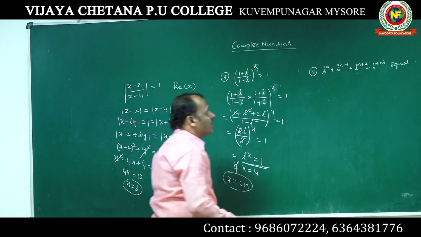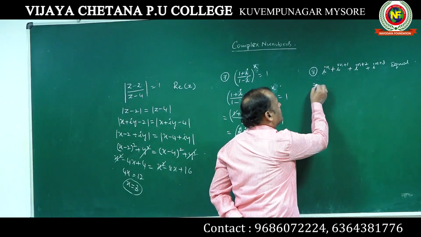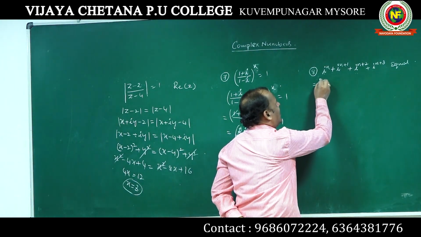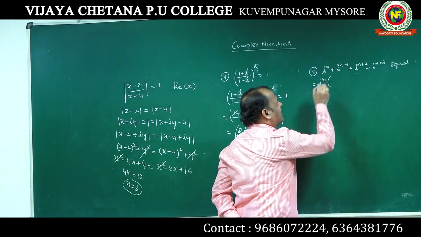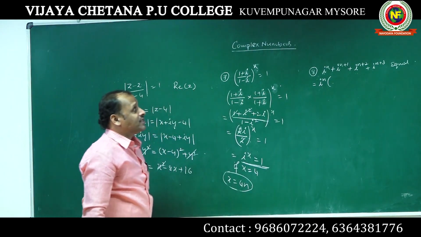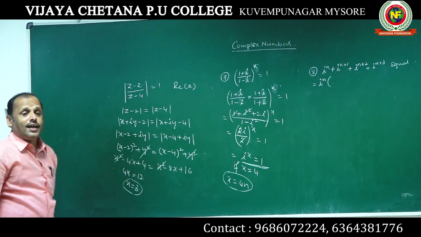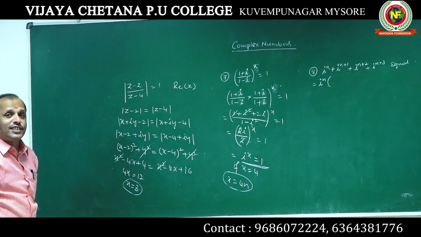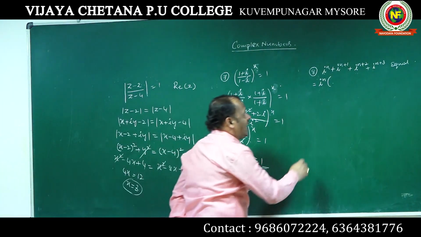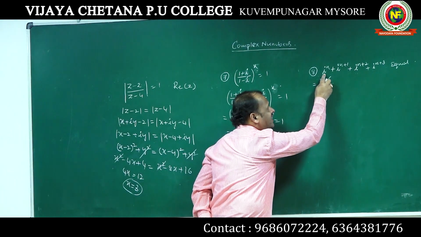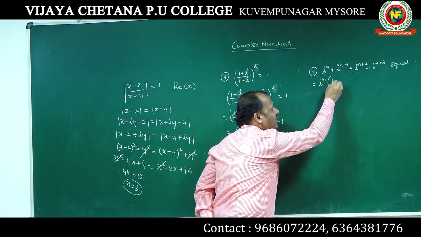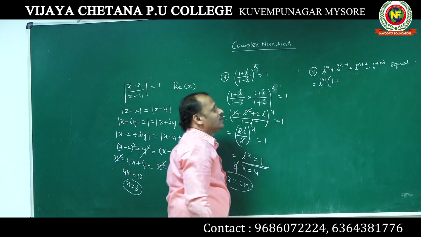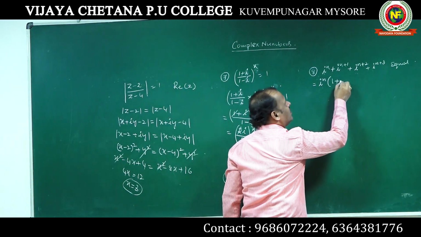So here, listen to me, I take i to the power n as the common factor for all terms. If you take i to the power n as common factor, here we get 1 plus i.